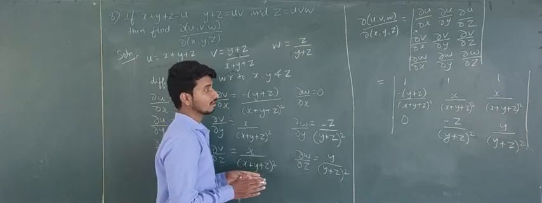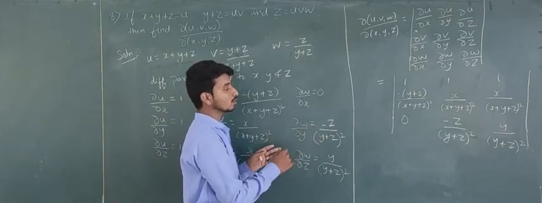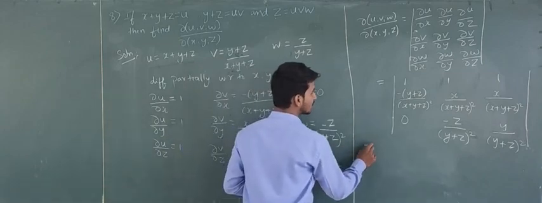Now we will take common from the second row and third row. What is common in the second row?